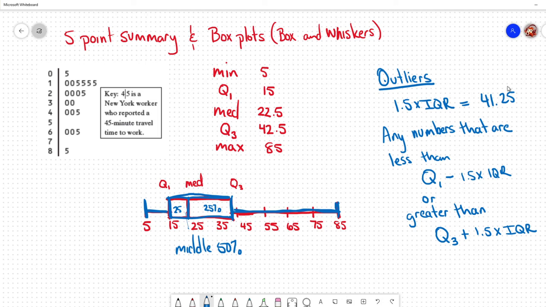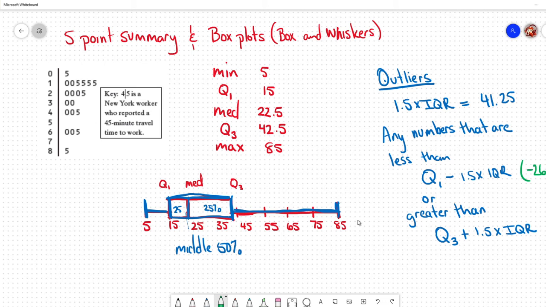That's my 1.5 times IQR. So now I'm going to take quartile 1, which is 15, and subtract that answer, 41.25, and I get, so any number less than, I'll put it in green, for us it would be negative 26.25.